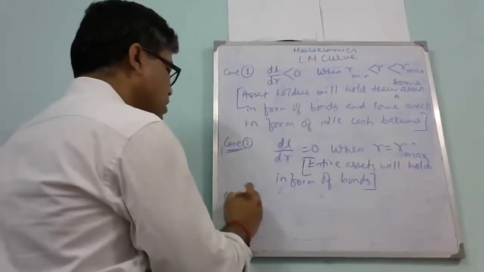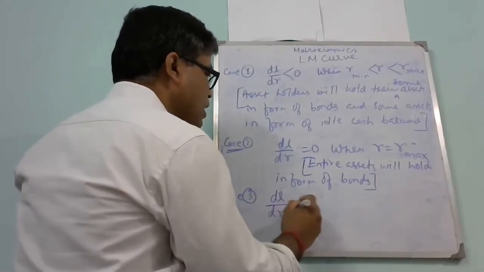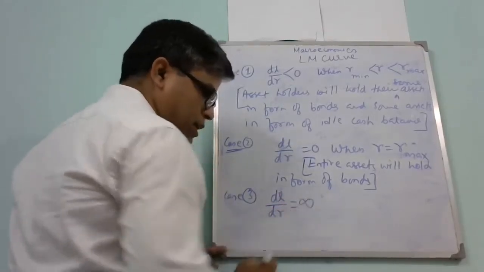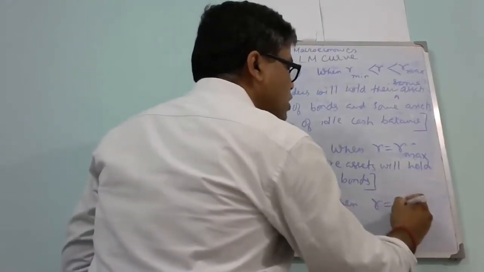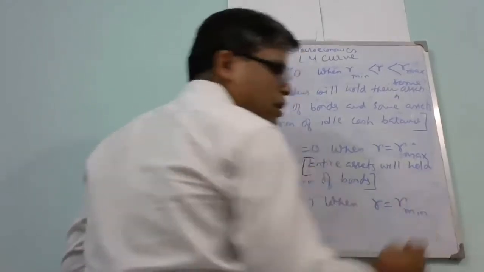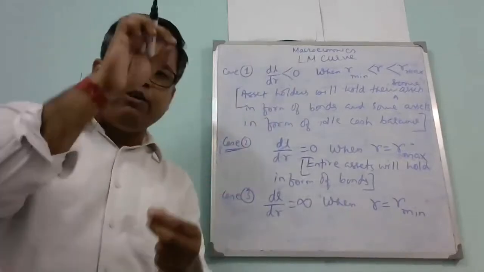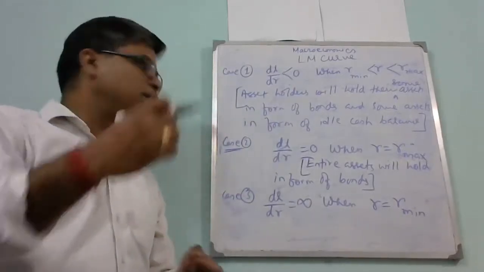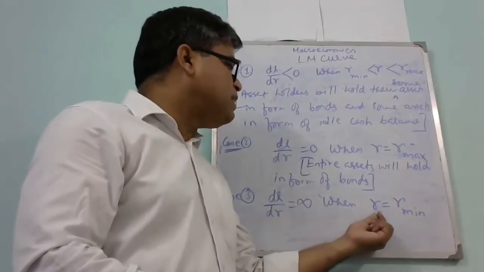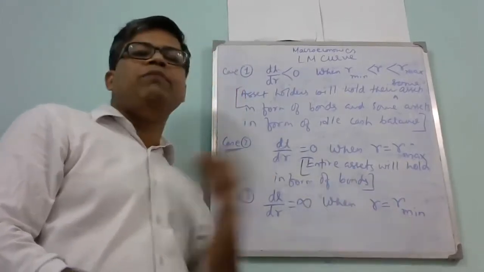Case 3. dL/dr is infinite when r is equal to r min. That means, as I told you, if the rate of interest decreases, then the speculative demand for money increases. So suppose the rate of interest decreases and reaches the minimum point.